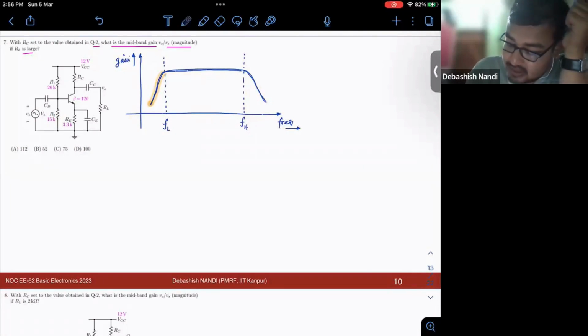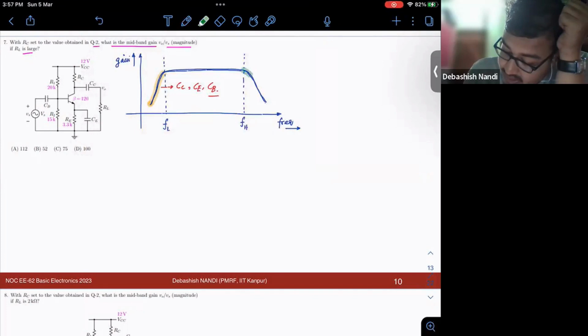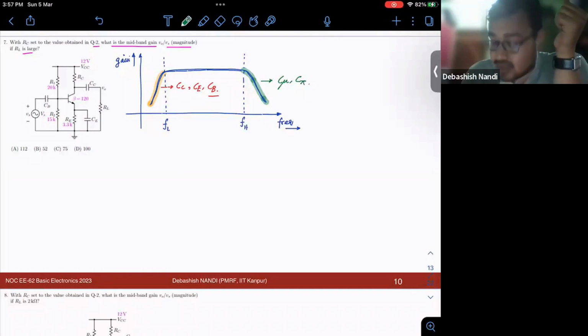The lower limit is basically controlled by your CC, CE, and CB, and the higher cutoff is controlled by your C mu and C pi. These are nothing but the junction capacitances.